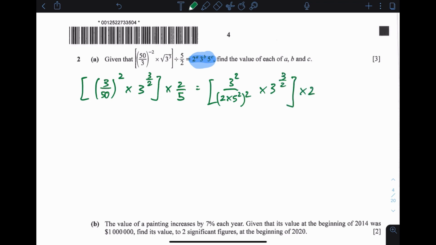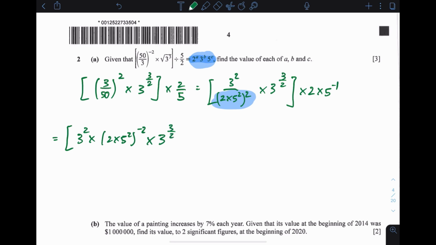The over 5 I can bring to the numerator, so then I get 5 power negative 1. Now inside the bracket I get 3 power of 2 multiplied by the denominator here. Carefully bring this to the numerator, which means you need to apply a negative power. If I do it step by step, I'll put this down along with the rest of them.